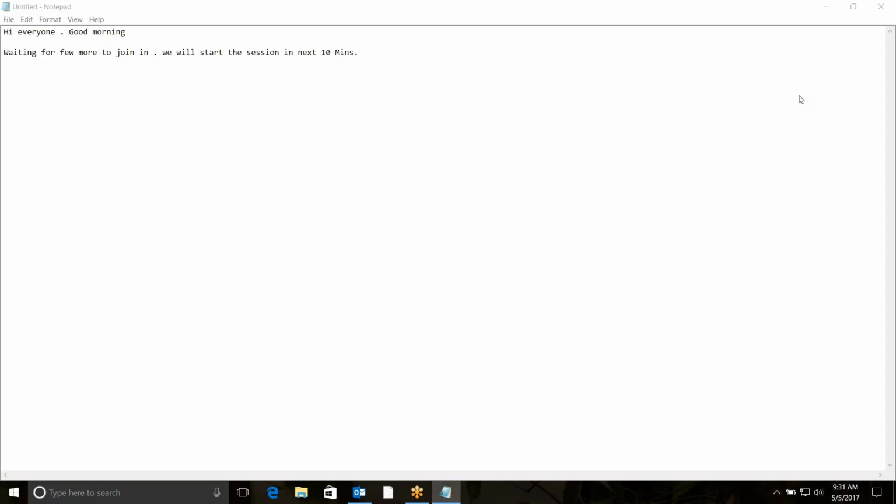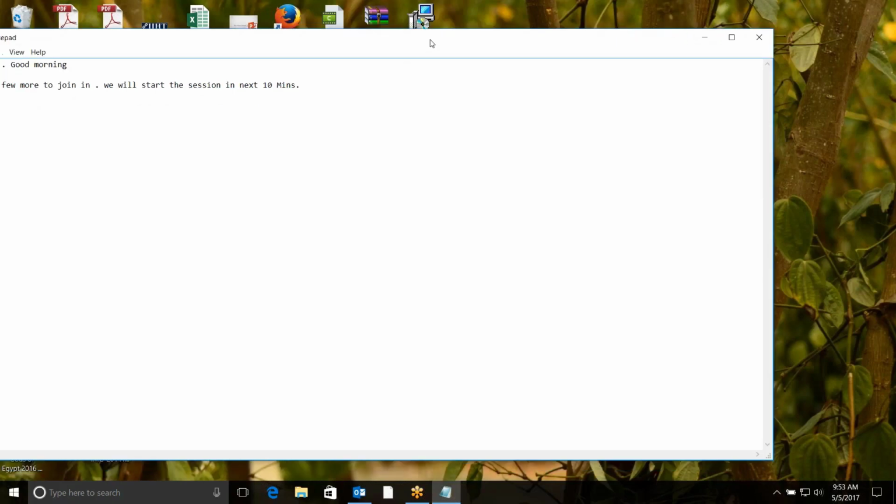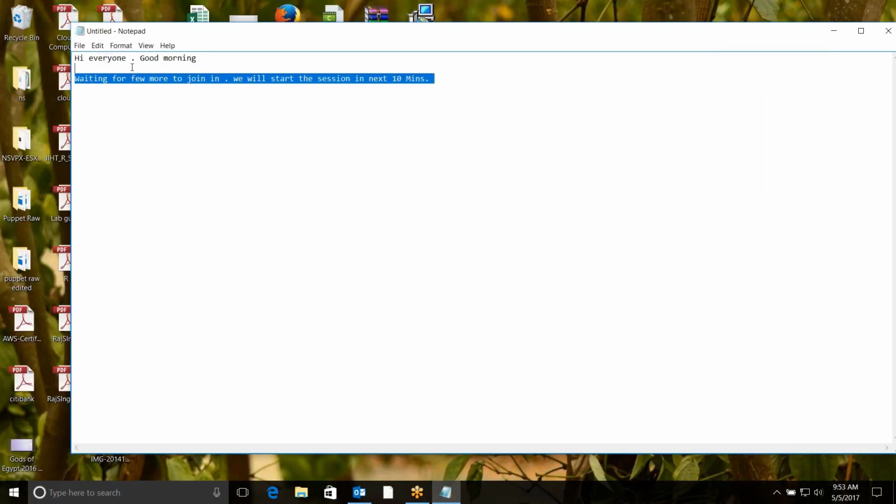When we talk about hypervisors, we have different types of hypervisors. We have type 1 hypervisors and type 2 hypervisors. These are the two types into which hypervisors are divided.